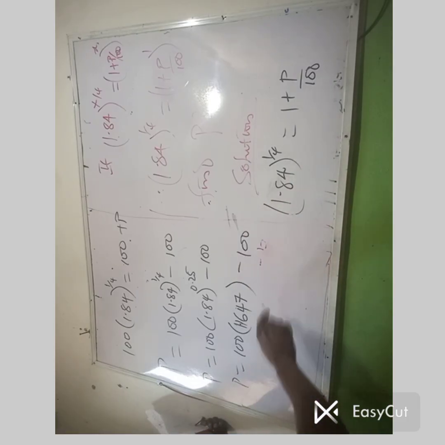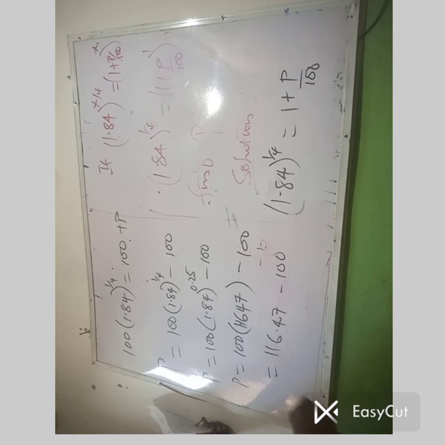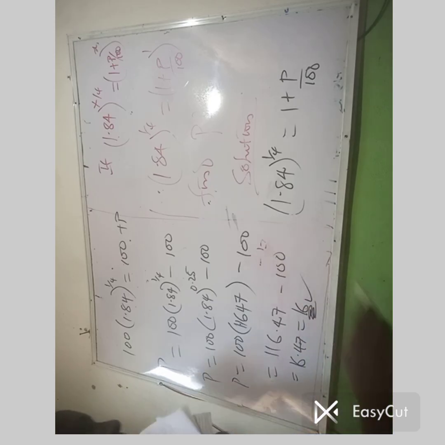If I multiply this out, I'm going to have 116.47 minus 100, approximately 16.47, or let me just say 16. So this will be my answer.